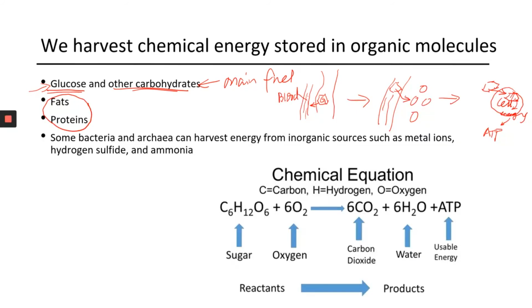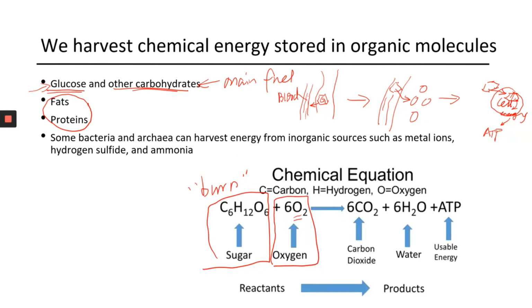And then this is the general chemical reaction for cellular respiration. So we provide sugar, which is glucose. And in that process, energy is required. Not energy, oxygen is required. Okay, so you have to provide oxygen to almost like burn glucose.